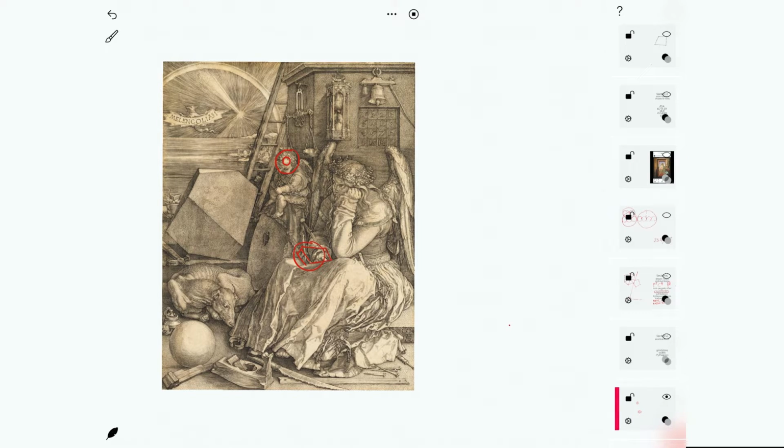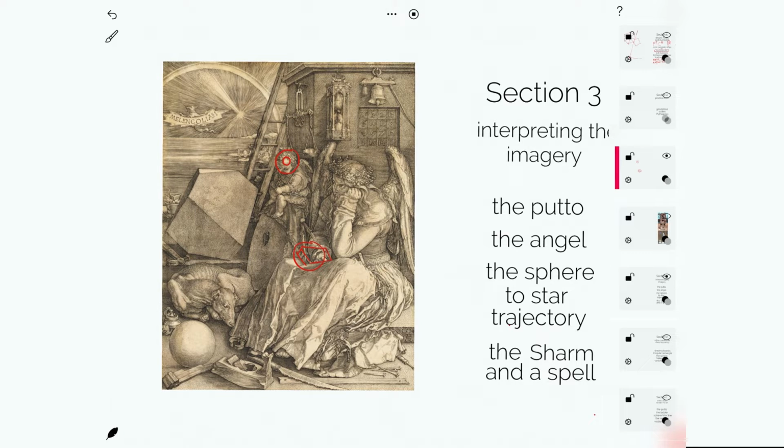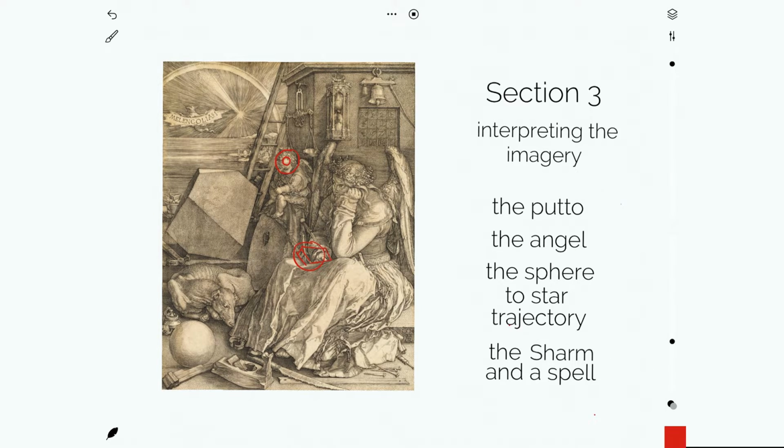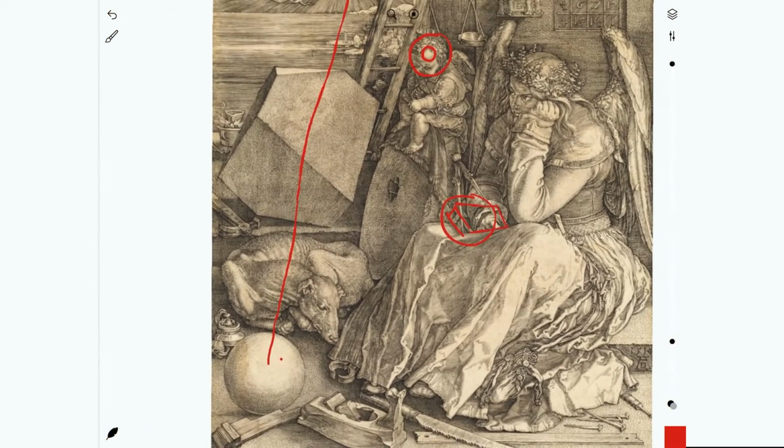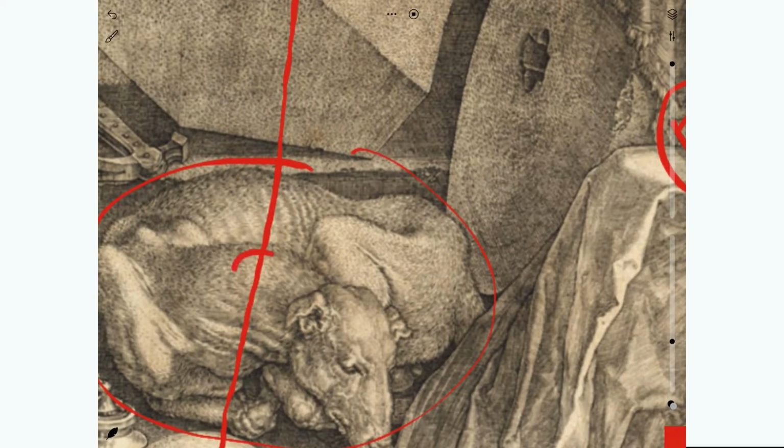So let's move on and talk about the sphere to star trajectory. Which is this. So if we draw a line from the sphere up to the star, it passes through the dog, and there's also another patch on the dog here.